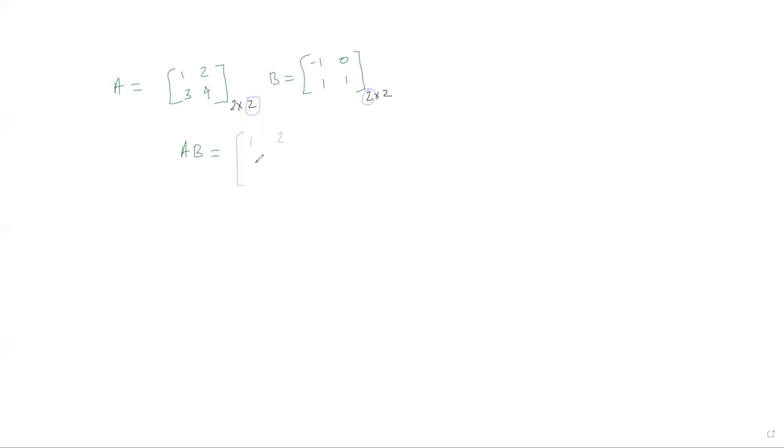So no issues. A is 1 2 3 4, and here B is -1 0 1 1. So you will get an answer of order 2 by 2. First row into first column: 1 into -1 is -1, plus 2 into 1 is 2, so 1.